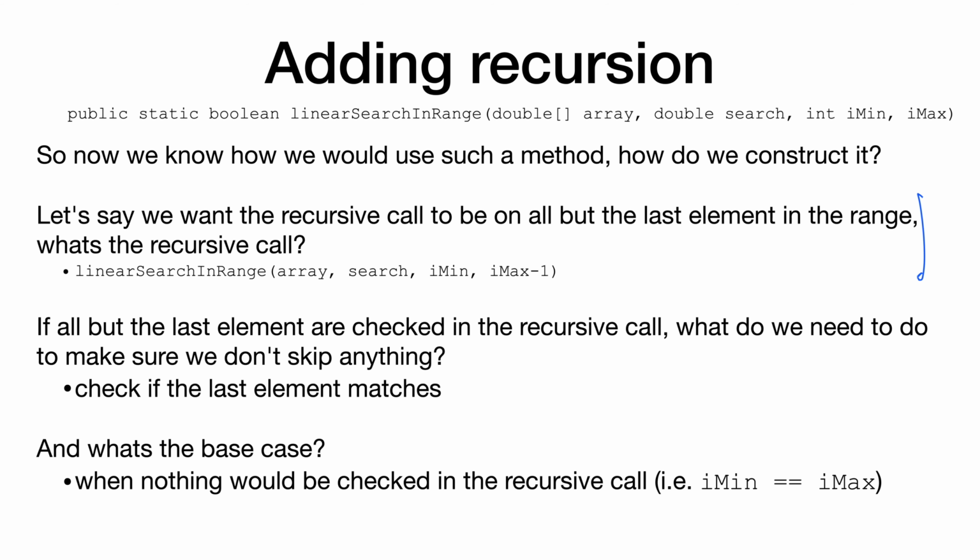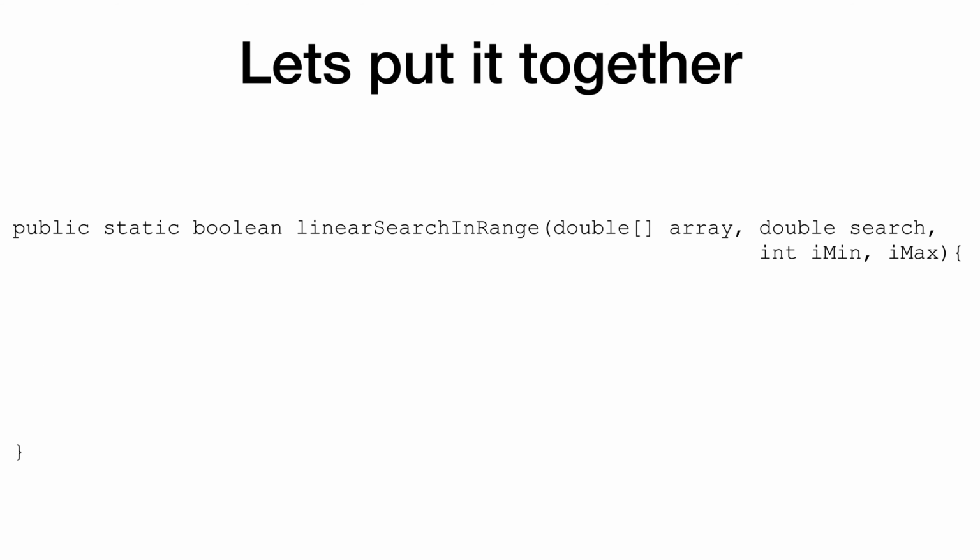So those are the ideas. How do we put that together? Here's our signature. And remember, we have the array itself, search, min, and the max. The first thing we said was we needed to make a recursive call.